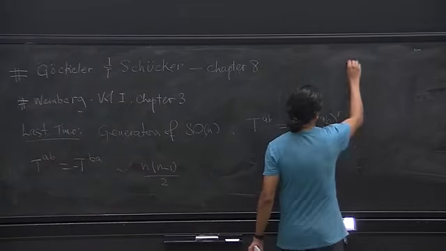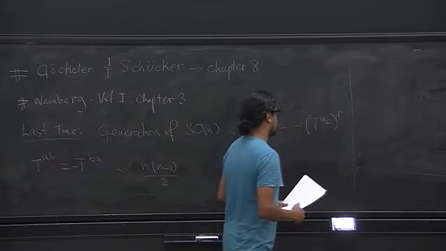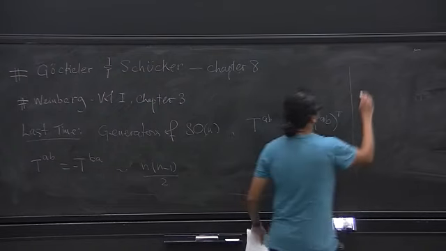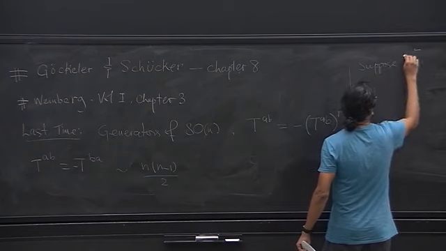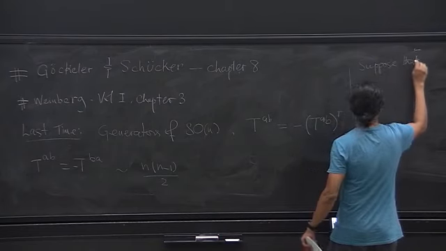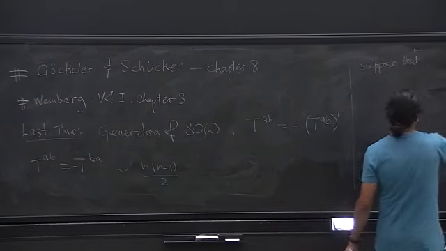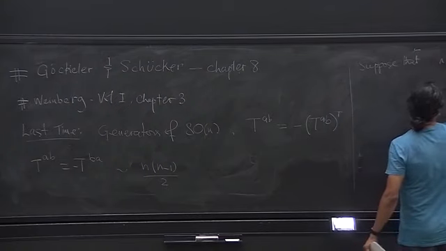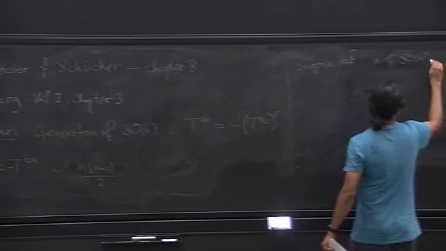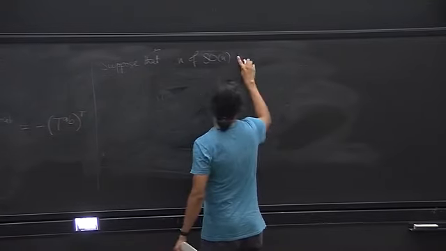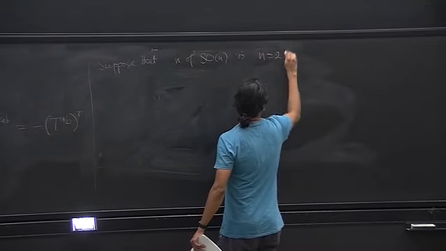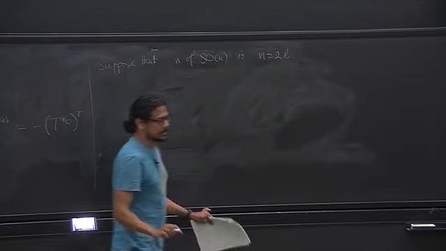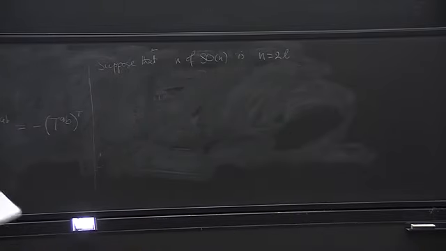Now suppose, okay, so there are two cases. Suppose that n of SO(N) is an even integer, n equals 2L, where L is some integer.